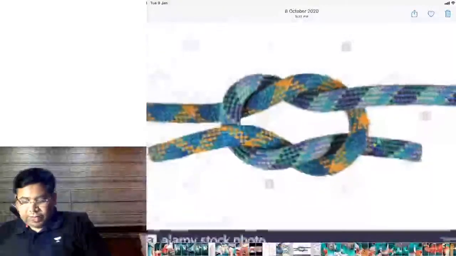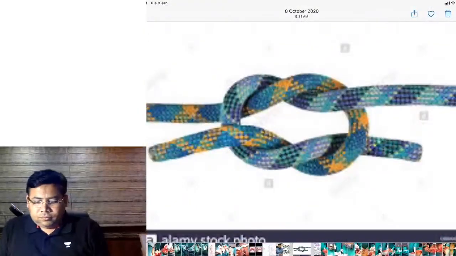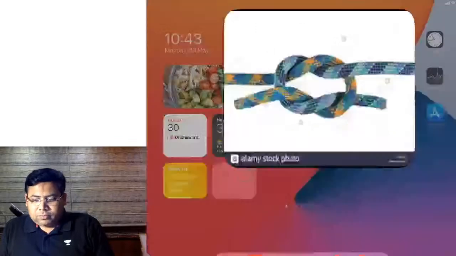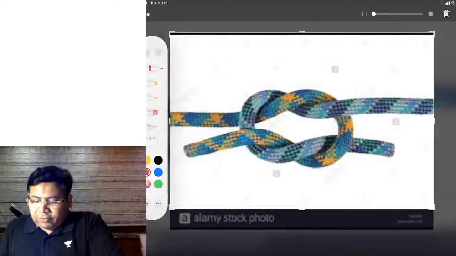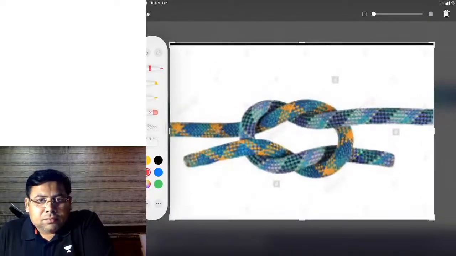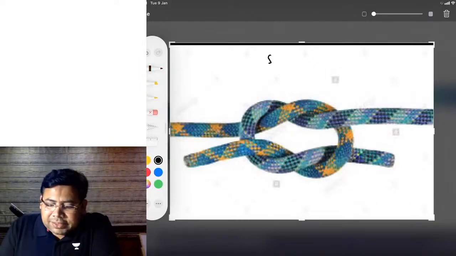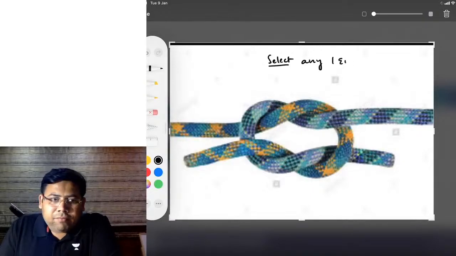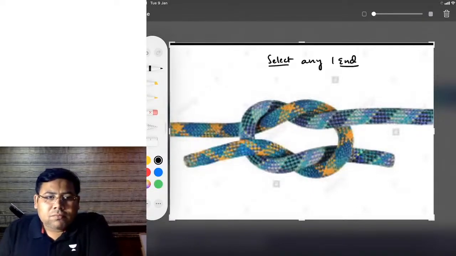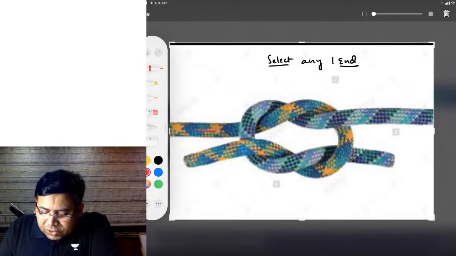Okay. Try to see this knot. What kind of knot is it? What is the rule? Select any one end. Now, if you see this thread, it is below this or no?